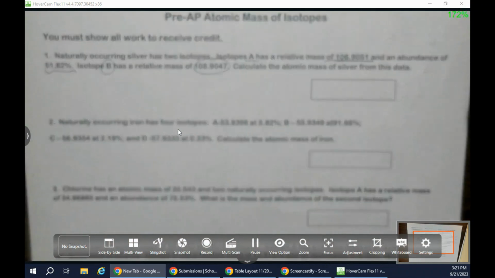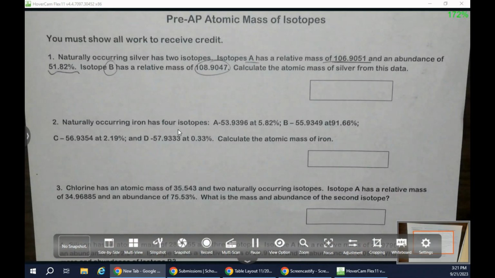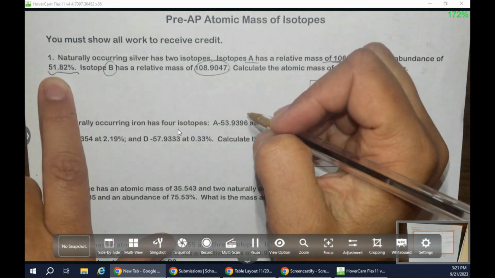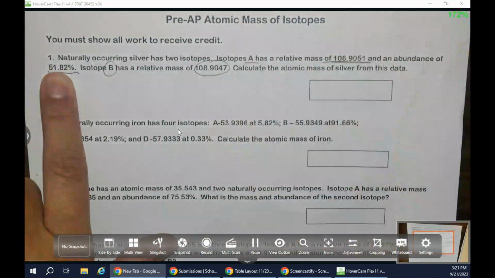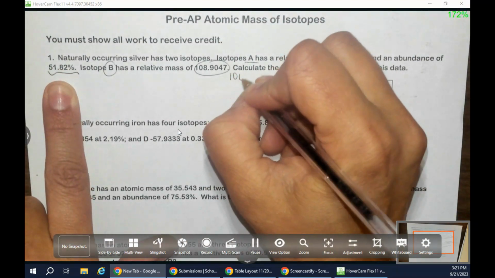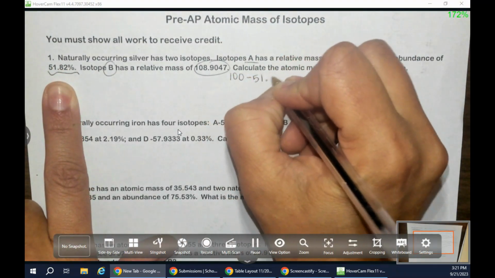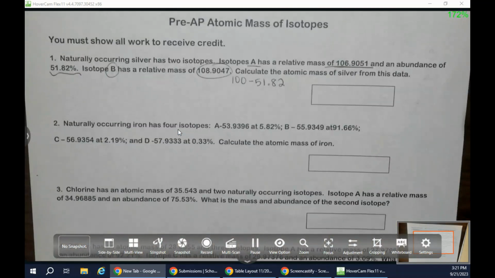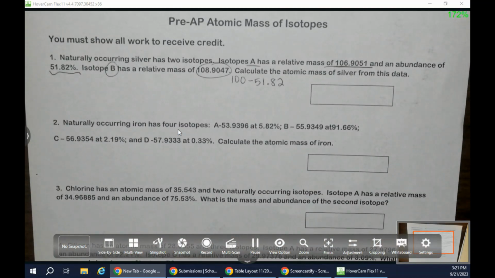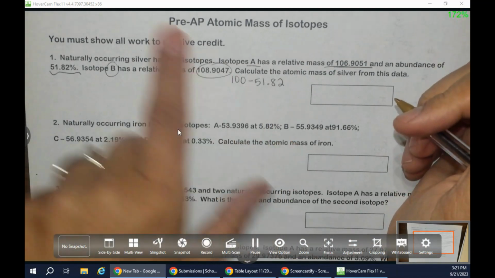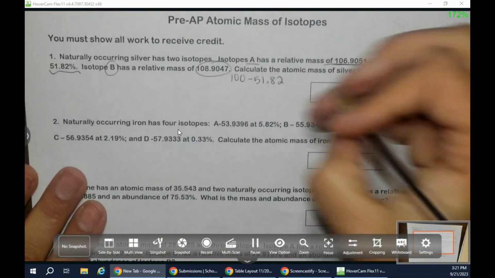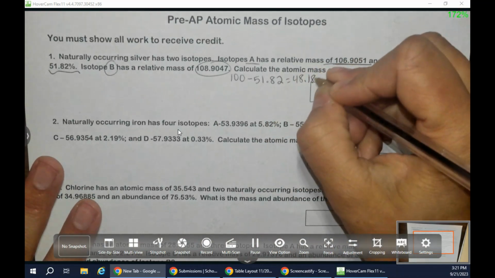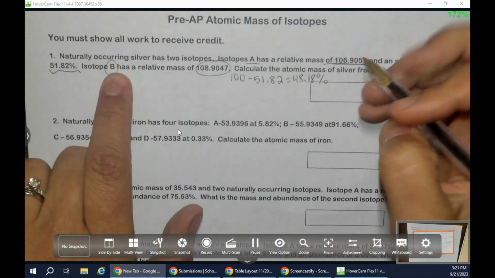Well, how many is in a total percent? 100, right? So you're just going to take 100 minus this percent. You're not always going to have to do that. So let's just do that real fast. You're going to get 48.18. Okay, so isotope B is 48.18.